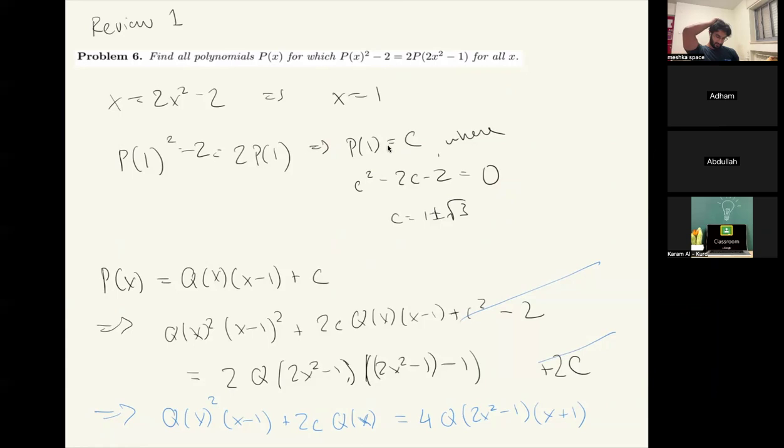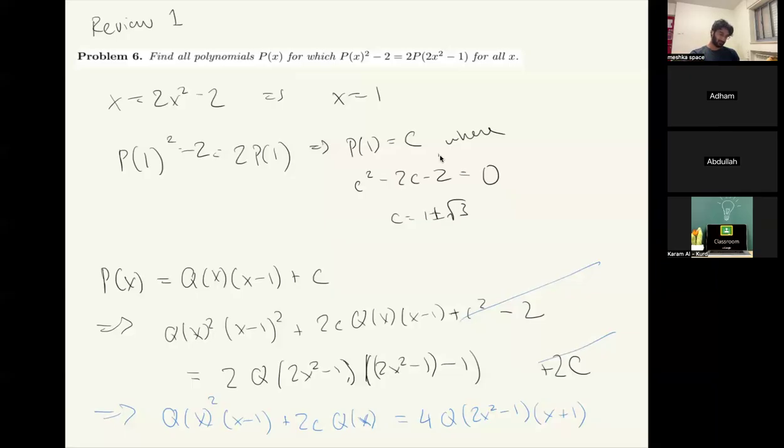So now, what can we do from here? It's not obvious that this is any better than the equation we had before. But okay, it's similar. Thank you for the comment.